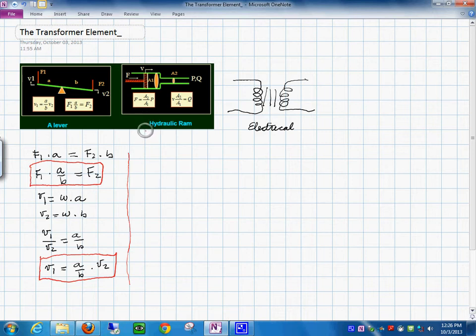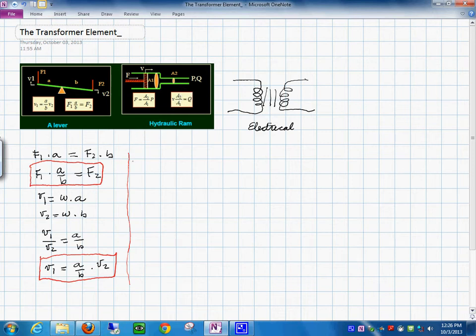In here you have a hydraulic ram that on one side has the force and the velocity. It has a piston with area 1 and another piston with area 2. So the force and velocity are going to get transformed into pressure and volume flow rate.